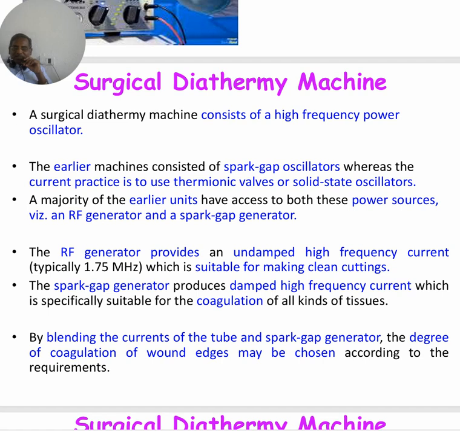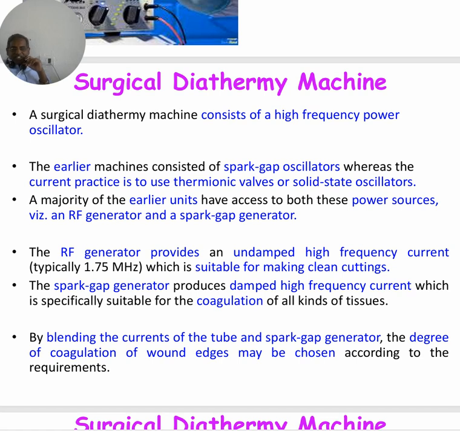The same thing is explained here. A surgical diathermy machine consists of a high frequency power oscillator. In the earlier machines we used a spark gap oscillator, whereas the current ones use a thermionic valve or solid state oscillators. Once upon a time we used the valve; now we use solid state oscillators.